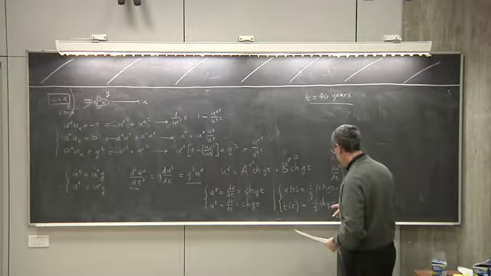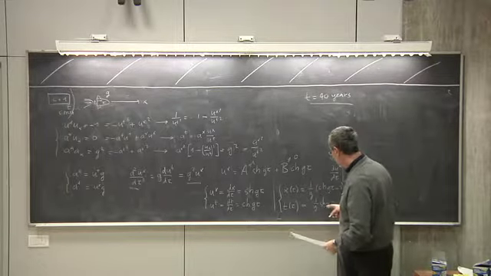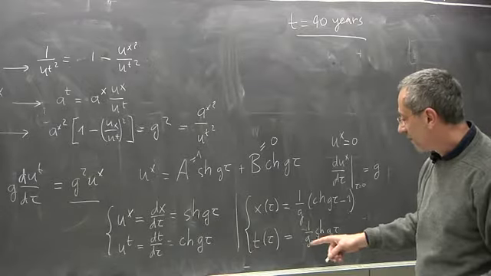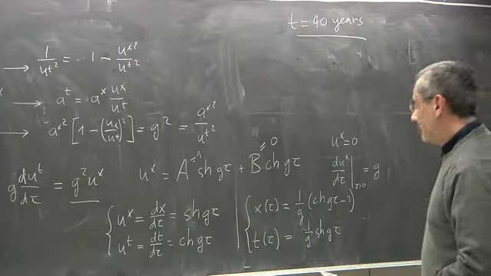Well, to get that, you just need to invert. You see, this is your trajectory, so you need to take g on the other side, then take the inverse function of the hyperbolic sine.